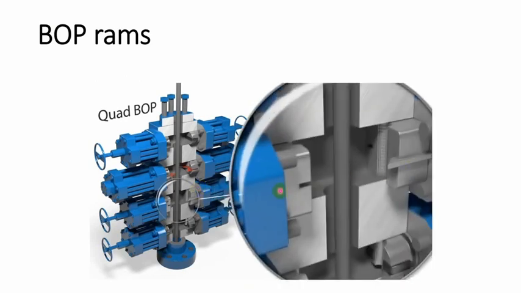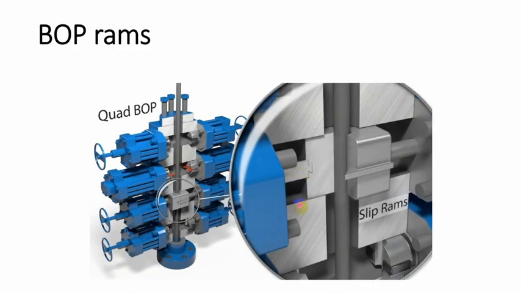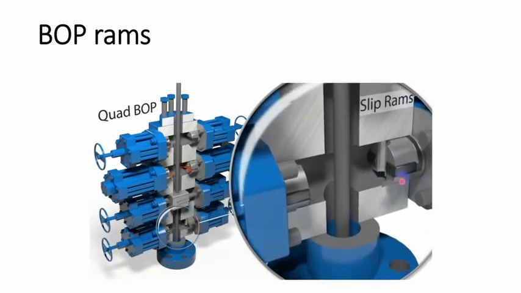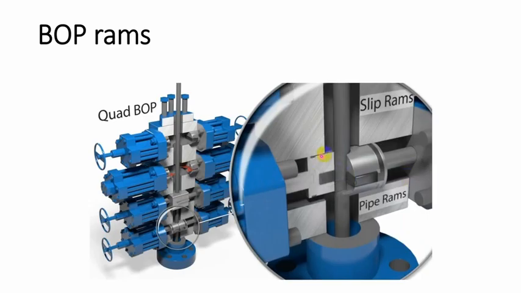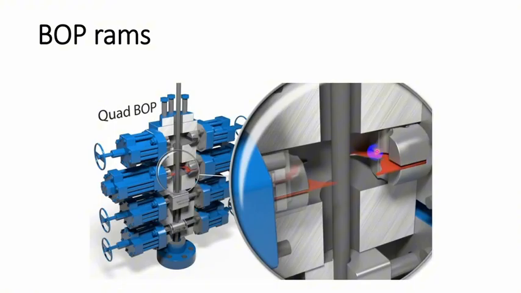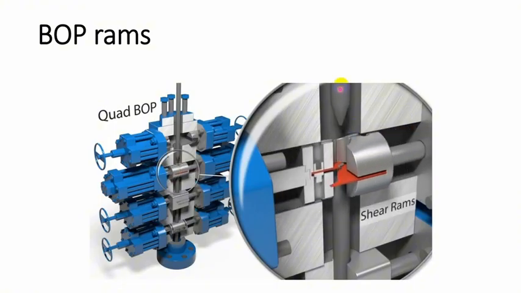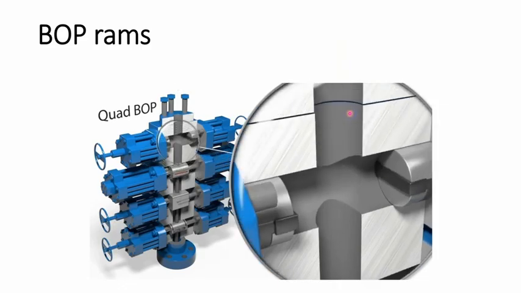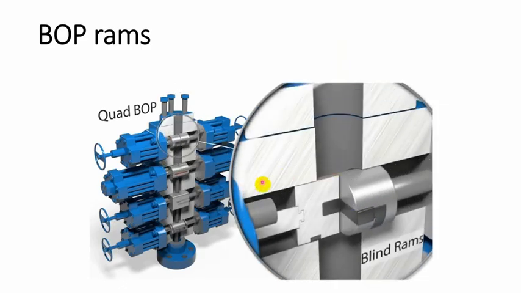You will close the slip ram to hold the coil tube in place. Then you will close pipe ram, see pressure. Then you close the shear ram to cut the coil tube. Then you pull out full 3-4 feet. Then you close the blind ram with no coil tube across it.